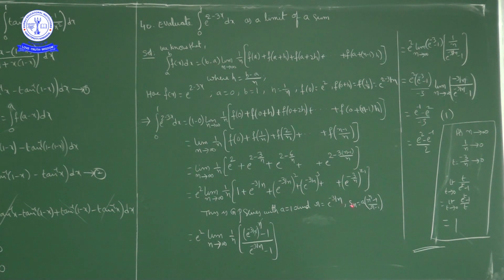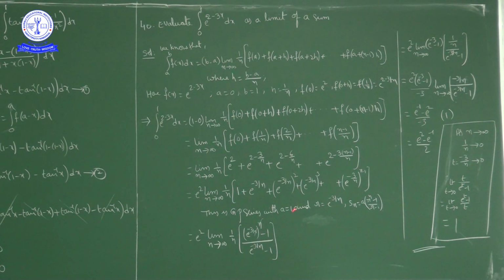Now the sum of n terms of a geometric progression, what is Sn? Sn is equal to a (r power n minus 1) by (r minus 1). So using this formula, the a value is 1 and the r value is e power (minus 3 by n). So we have e square into limit n approaches infinity 1 by n into [1 into ((e power (minus 3 by n)) whole power n minus 1) upon (e power (minus 3 by n) minus 1)].